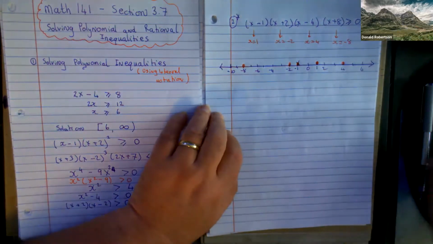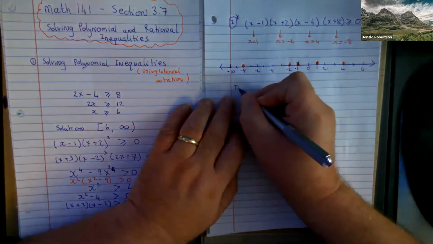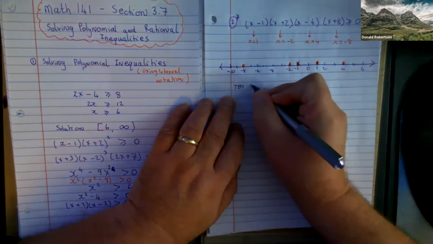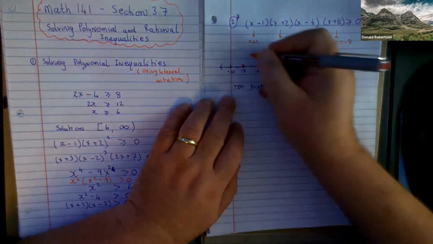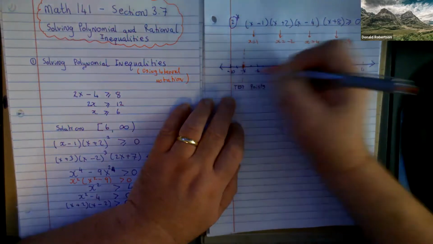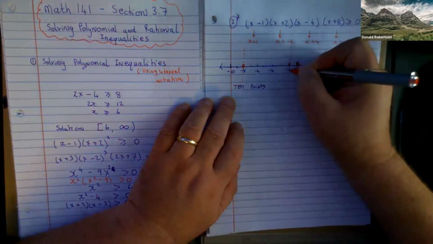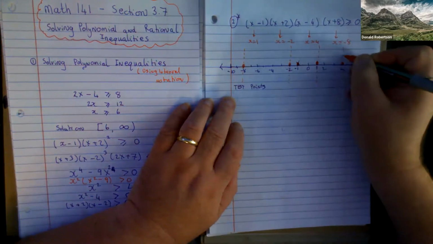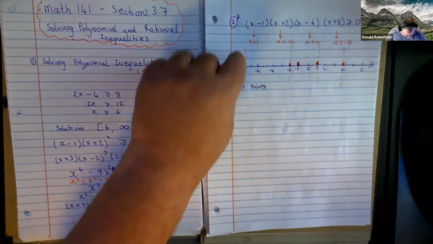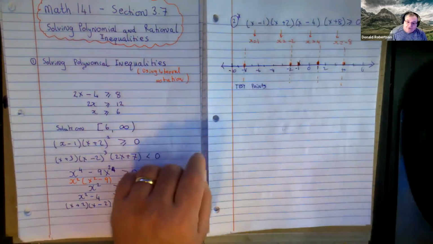Now I'm going to do test points. Those little dotted lines I put in are really only for emphasis. You don't need them if you don't want them, but they make my life a little bit easier to see that there are actually 5 regions this time.